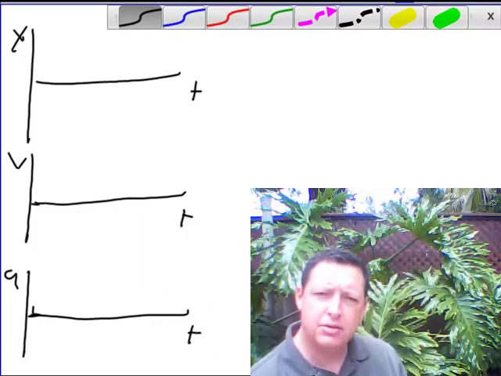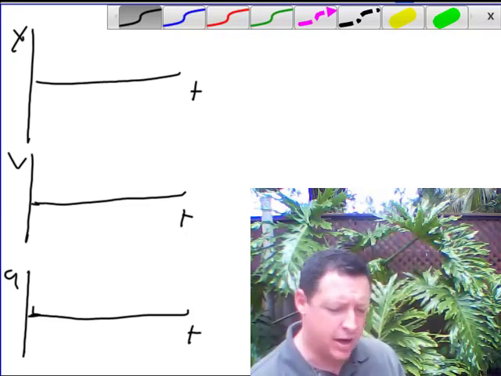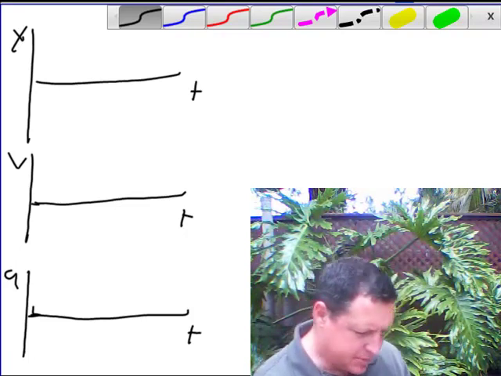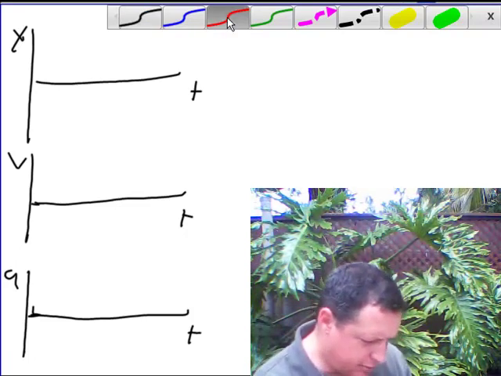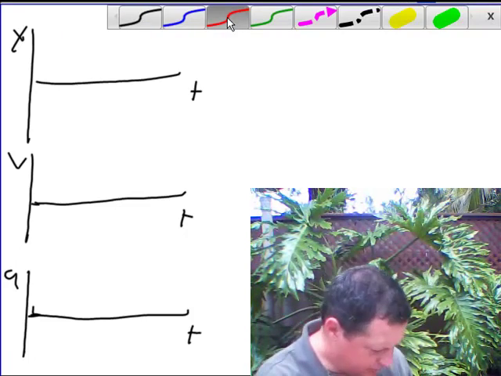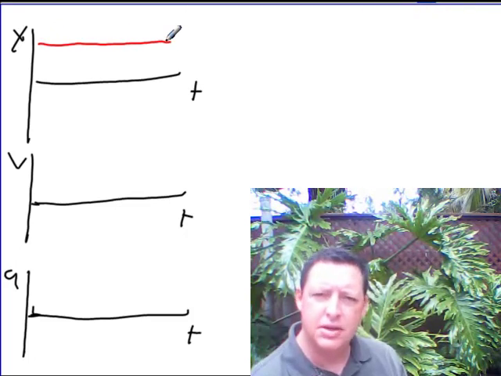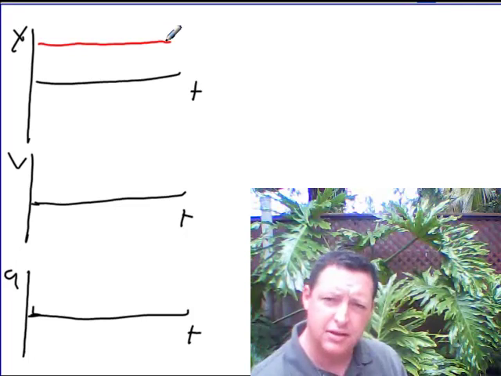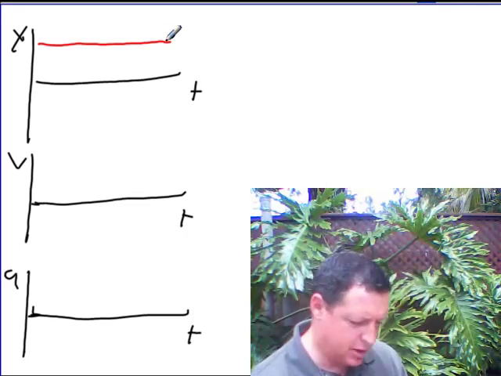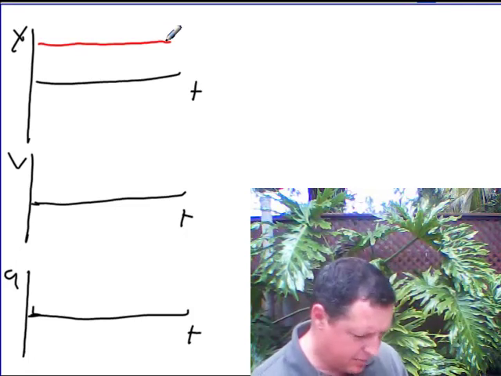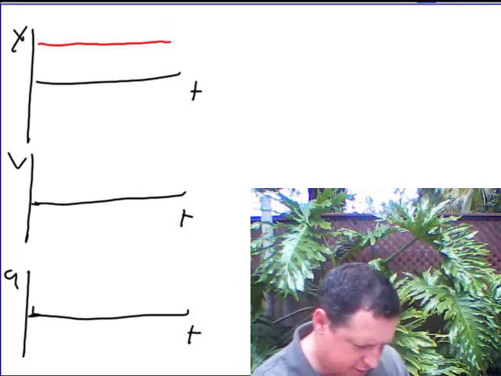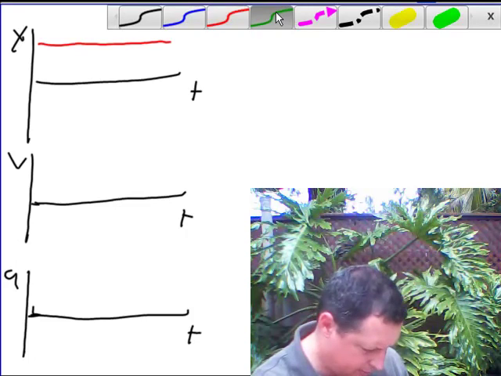So now let's talk about graphs of position, velocity, and acceleration versus time. Let's take the simplest possibility, namely that we're at a constant position. So we have a constant position like this. Then the question becomes, what would the velocity look like? Well, the velocity is the derivative of the position versus time graph, or simply the slope of the position versus time graph. But if you look there, it's pretty obvious that the slope of that graph is 0.